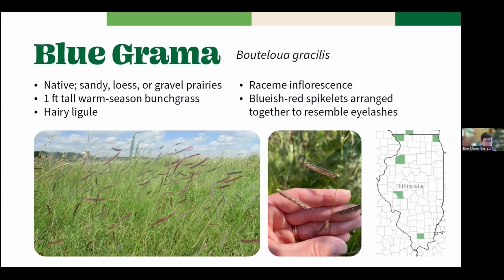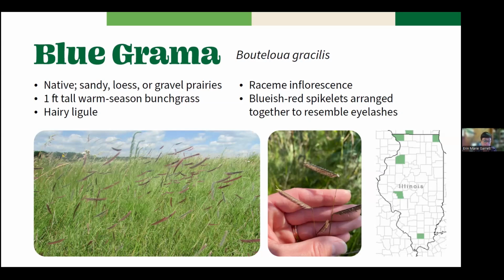Native grass, and this one's really, really short, really small, really delicate, very easy to overlook. So typically under a foot tall, even when it is in bloom. It is a warm season bunch grass. Again, it does have a hairy ligule, but it's a very, very small grass, so it's going to be hard to see.